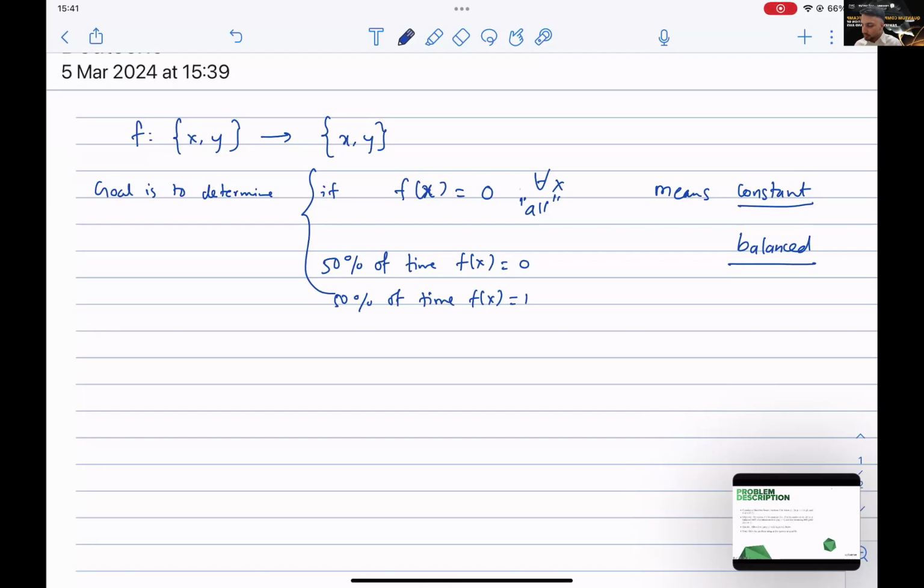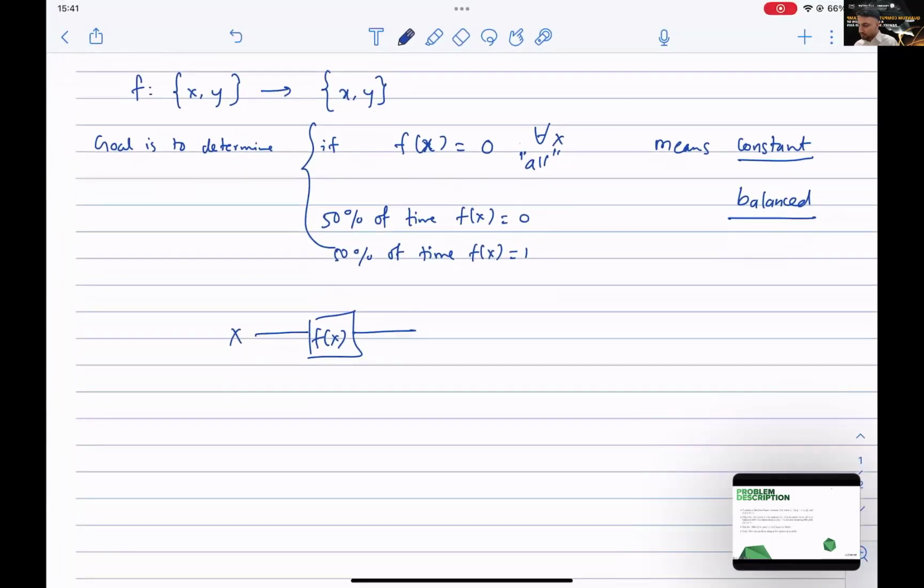Now let's write this down properly. So you have x, you have f(x). This is written as a quantum circuit, but you can also think of this as a classical Boolean function as well. And we'll want to compare how quantum and classical compare in solving this problem.